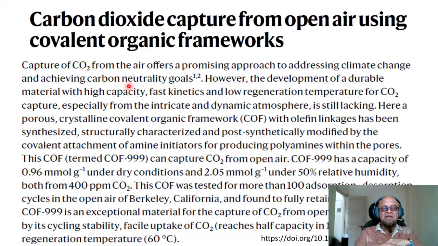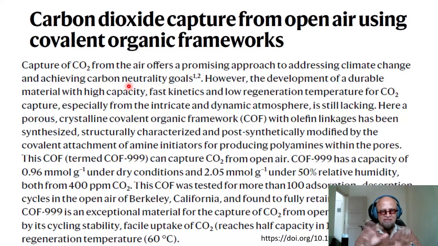Here a porous crystalline covalent organic framework with olefin linkages has been synthesized, structurally characterized, and post-synthetically modified by the covalent attachments of amine initiators for producing polyamines within pores.